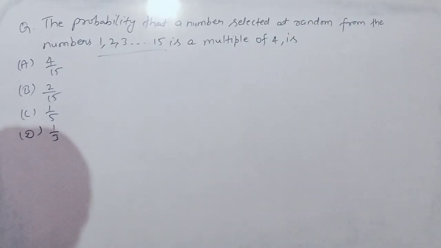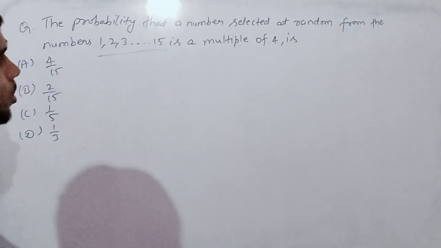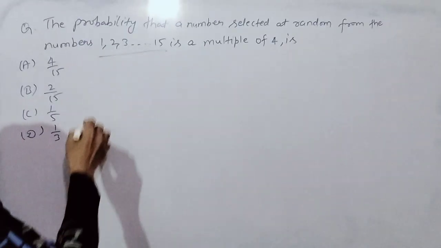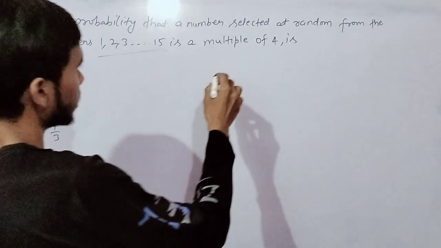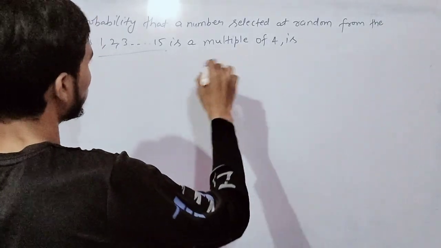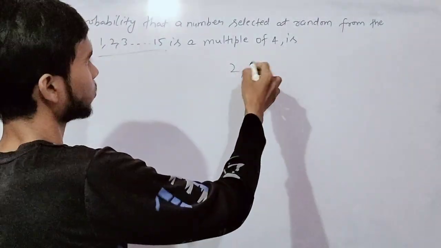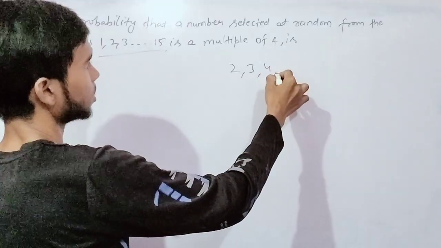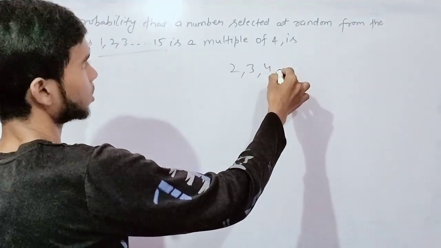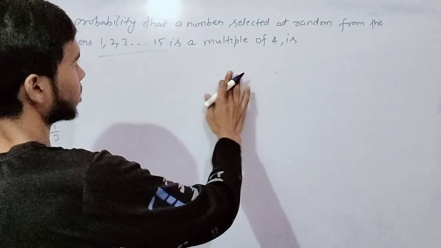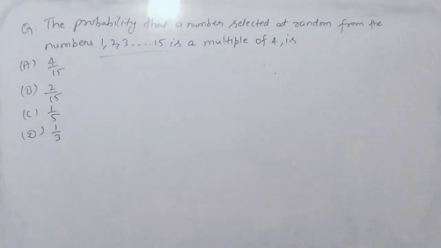For example, multiples of 4: 4 ones are 4, 4 twos are 8, 4 threes are 12.